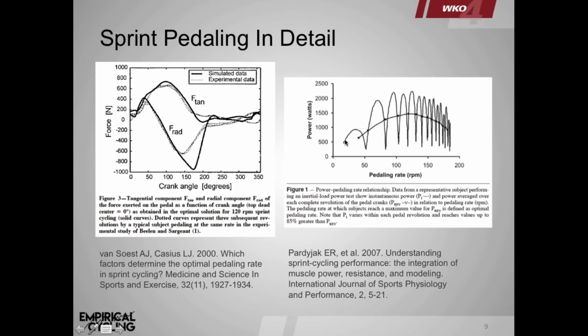And on the right here, each of these larger humps is power throughout individual pedal strokes. So we see that this athlete, at peak force, is producing well over 2,000 watts. However, the middle line here is an average of the one pedal stroke average.